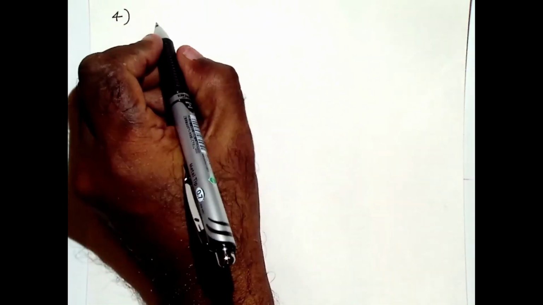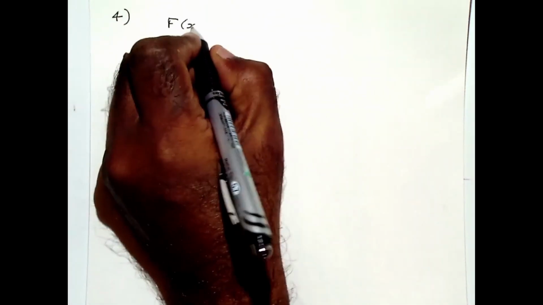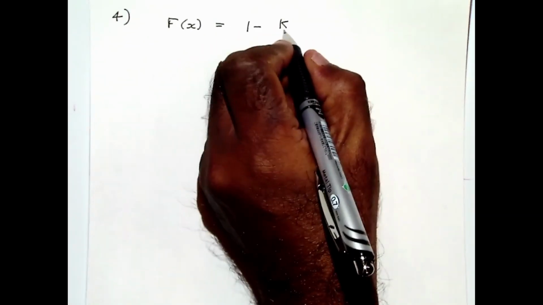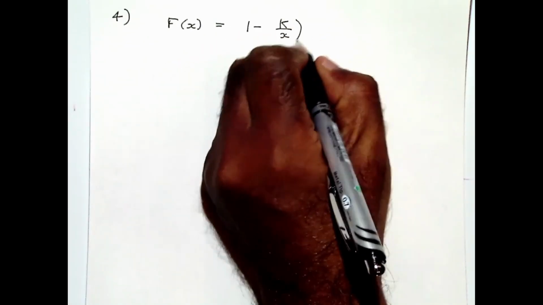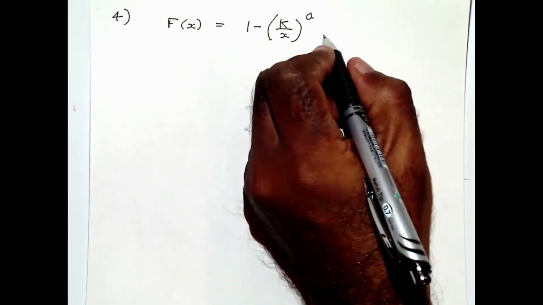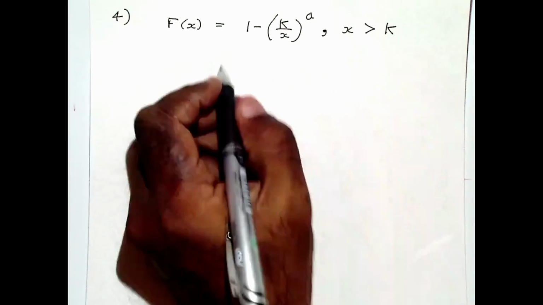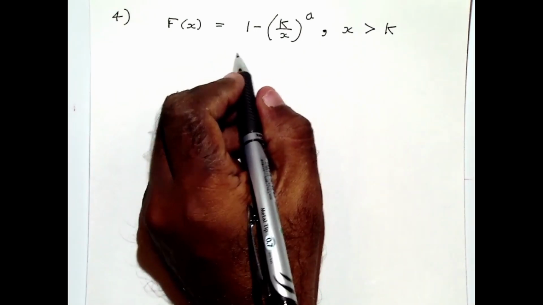You have the CDF F(x) equal to 1 minus k divided by x to the power a, where x is greater than k. This is known as the Pareto distribution, right?